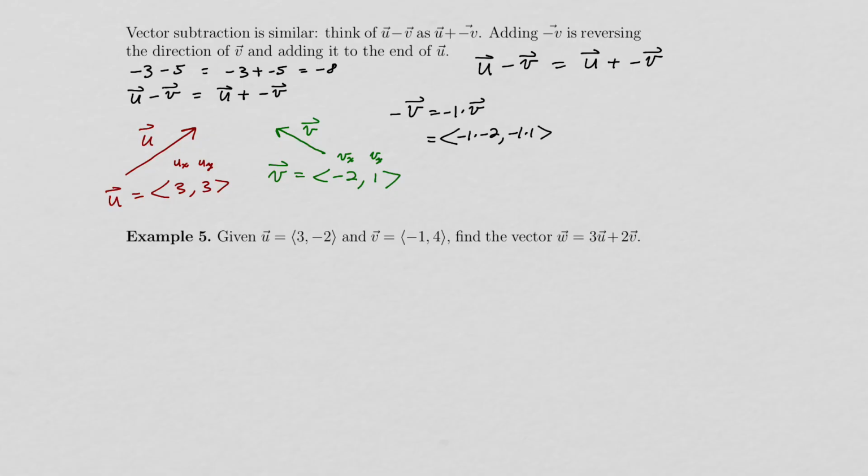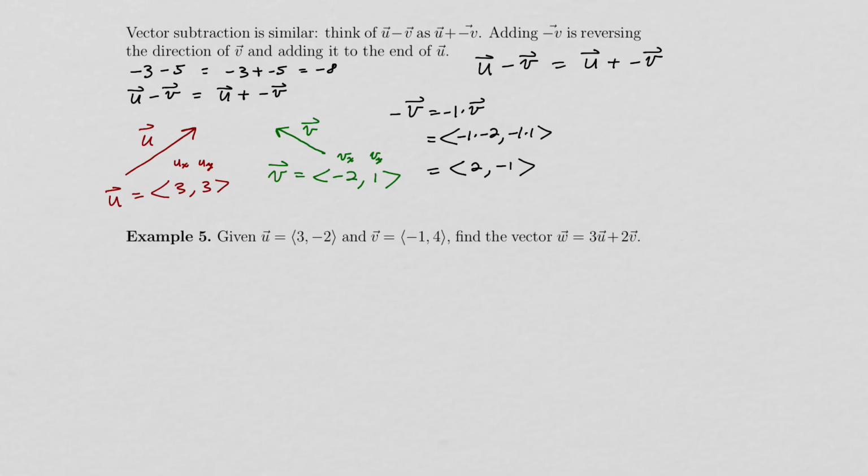So -v is going to be 2, -1. It basically just switches the sign. See how it switched to a +2 and a -1. If you were to draw it, it'd be going the opposite way, the same length as v but going this way, so now it has a positive x component and a negative y component.